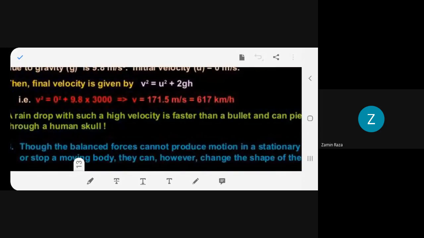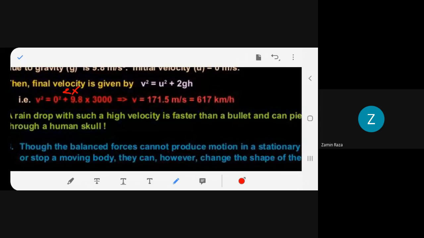That is v square is equal to 0 square plus 9.8 into 3000, so v is equal to 171.5 meter per second, which is equal to 617 kilometer per hour.